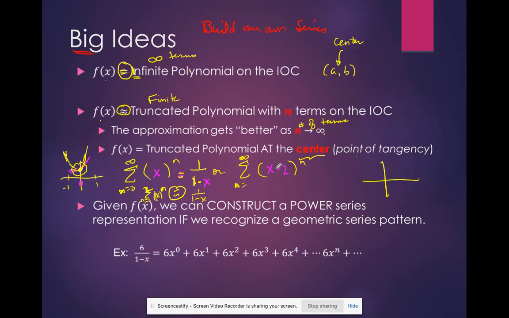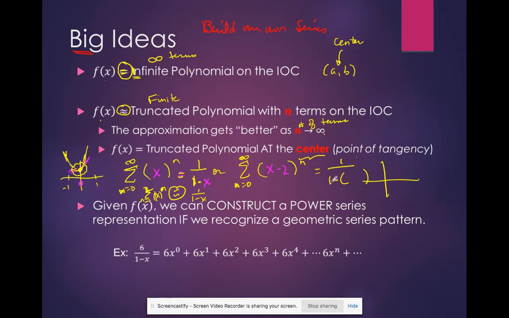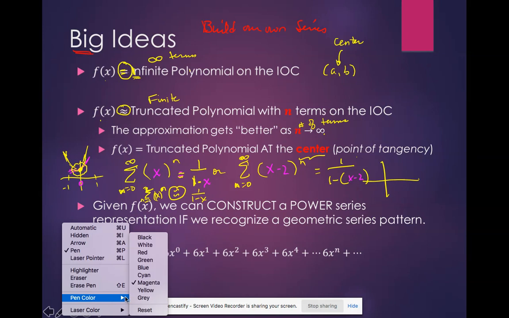This infinite series is exactly equal to 1 over 1 minus r but has an interval of convergence.